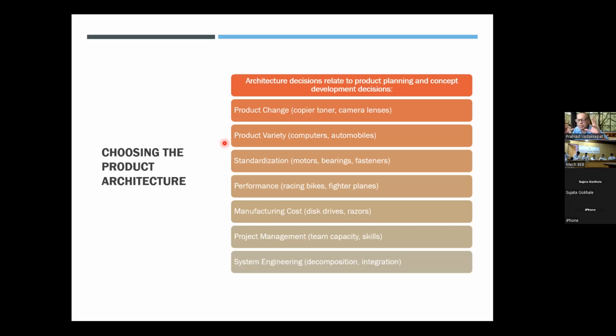With Dell computers, you have an online way to choose the configuration you want. That is modular. Automobiles have different variants. You can have airbags, four-wheel drive, quite a number of options. And if you want to standardize the motors, bearings, fasteners, that is modular.